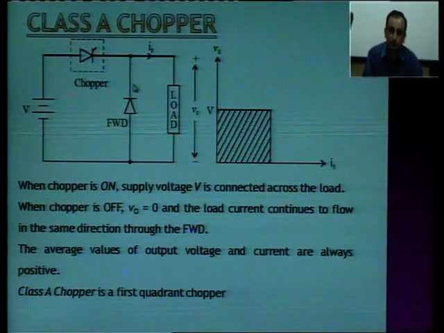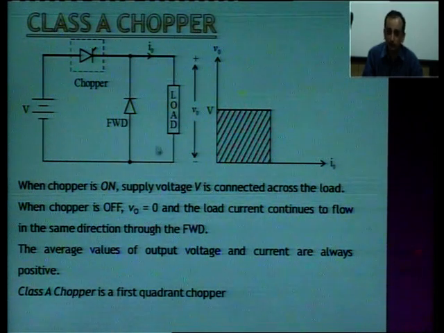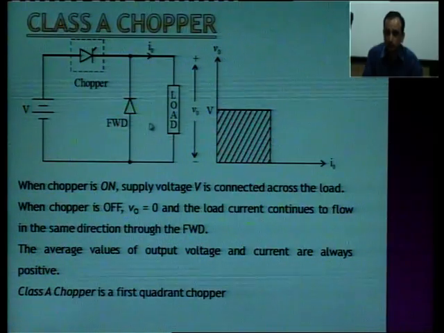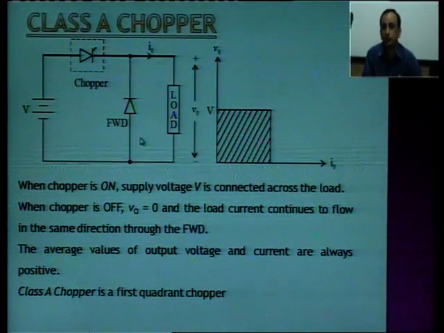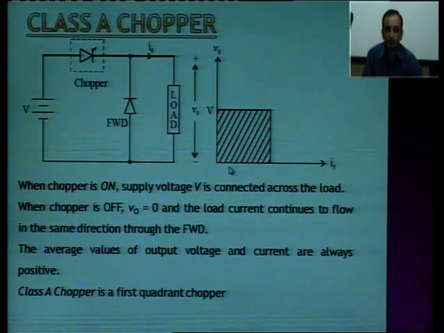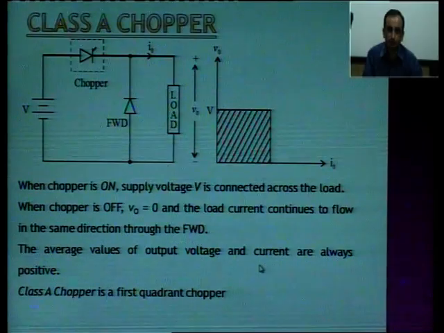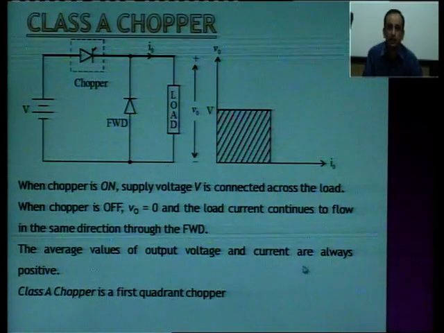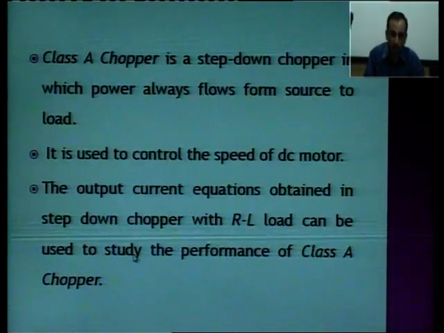Once it flows, the diode is short circuited, and the voltage across the load will be 0, but the direction of the current remains similar, so it is forward. So, current is always positive and voltage will either be 0 or positive. That is why we say that class A chopper is a first quadrant chopper, and the average value of the output voltage and current are always positive. That is how we classify these choppers.